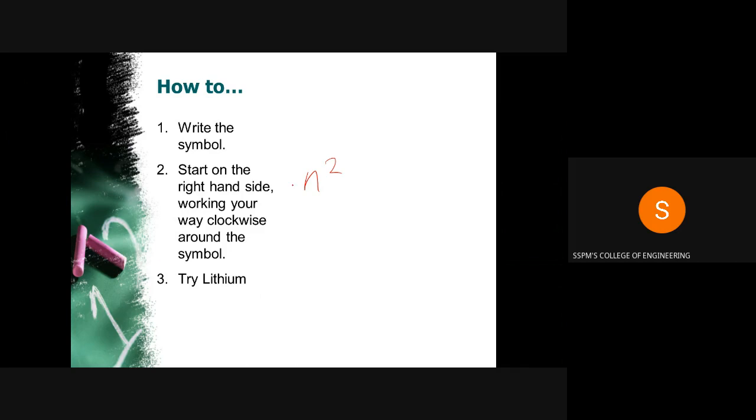So how many shells are present? You can calculate using this formula: n square. If the principal quantum number is 2, then n square is equal to 4. In this way you can calculate how many electrons are present.